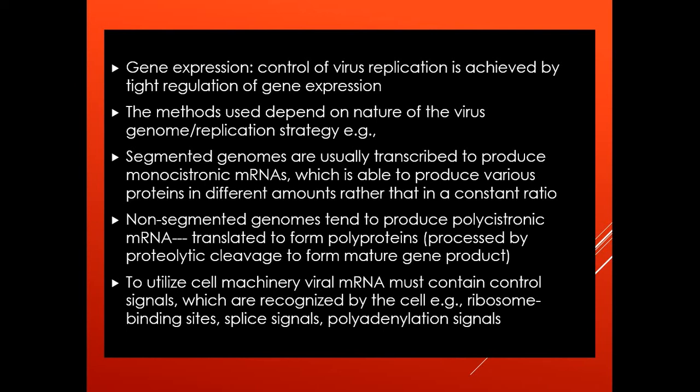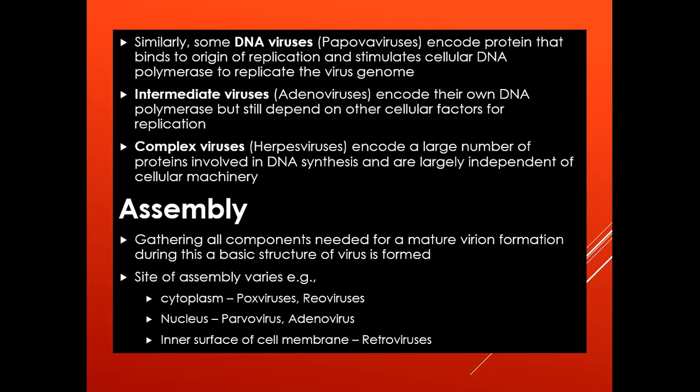To utilize the cell machinery, viral mRNA must contain control signals which are recognized by the cell, like the ribosome binding site, splice signal, polyadenylation signal, and others.